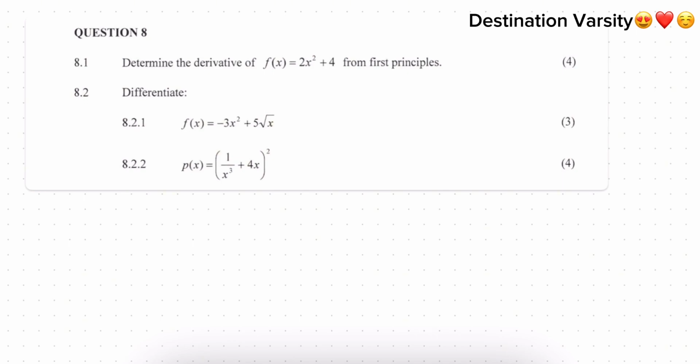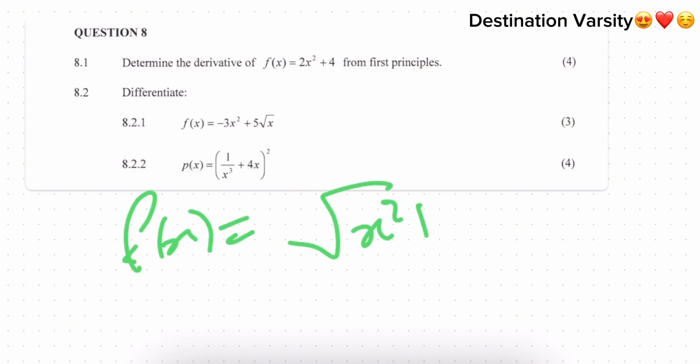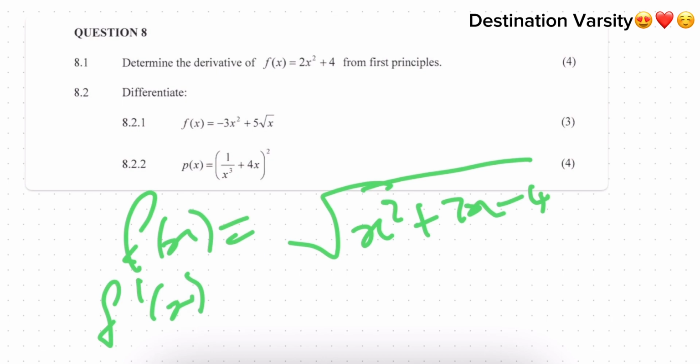Even if they give you an equation like this, I'm just making a random equation, maybe f at x being equal to the square root of x squared plus 2x minus 4, and then they ask you to determine the derivative from first principles, you literally use the same thing. You start by plugging in f at x plus h, wherever there is x.